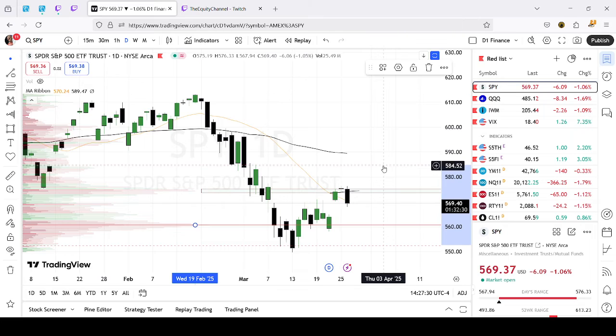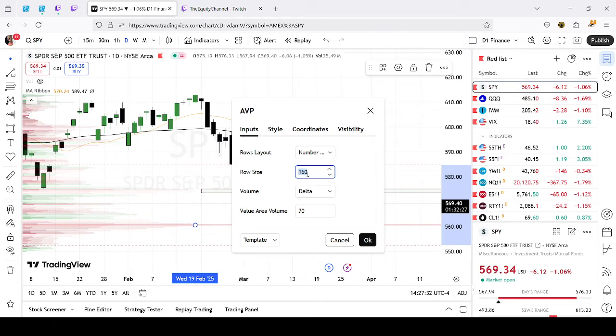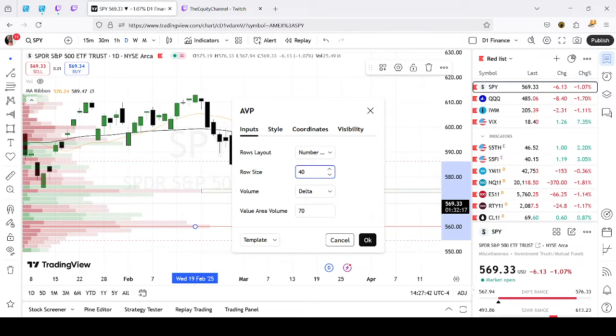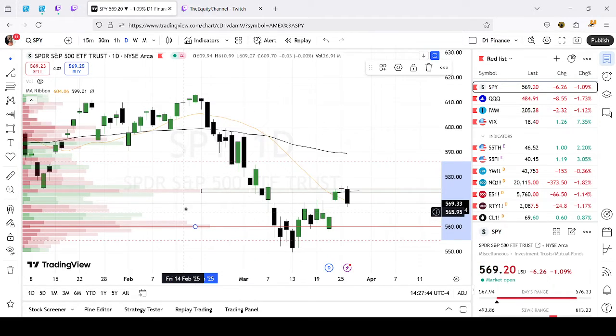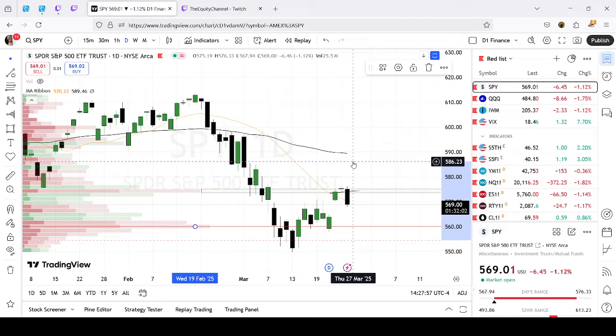So it's important to determine, well, how much data do I really need to be looking at, right? So if I dial it back down to 40, you can see again, I have less noise in front of me. But here's the thing about these nodes: the larger ranges collect the data within the smaller ranges.